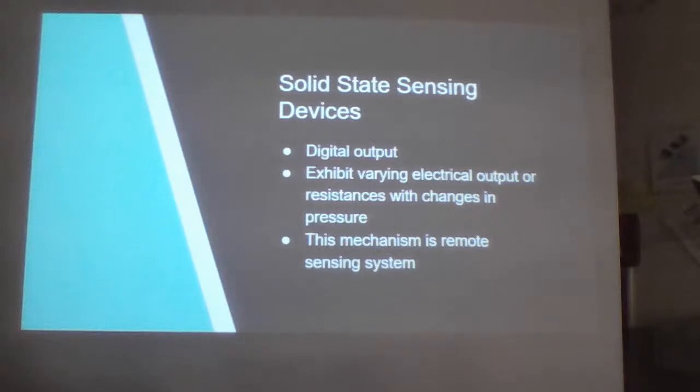A remote sensing system is when you have a piece of equipment that can sense, in this instance, a pressure change, and then it converts that sensing into an electrical signal and sends that to the display at a different location in the plane, usually the display in the cockpit.